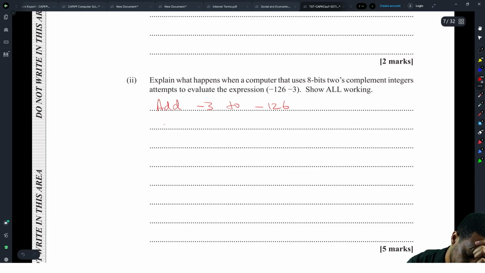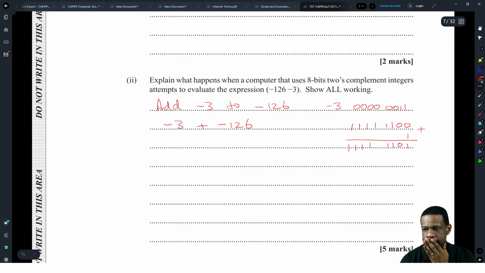So you're basically going to get -3 plus -126. That's how it will add it. Then you have to convert the 3 to 2's complement. The -3 will be 0, 0, 0, 0, 0, 0, 1, 1. You invert that, you'll get 1, 1, 1, 1, 1, 1, 0, 0. You add 1, you'll end up getting 1, 1, 1, 1, 1, 1, 0, 1.